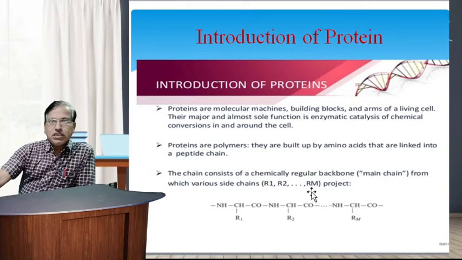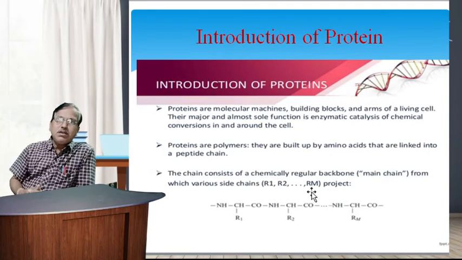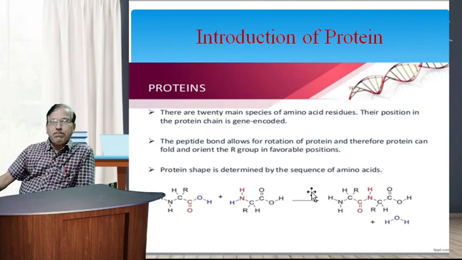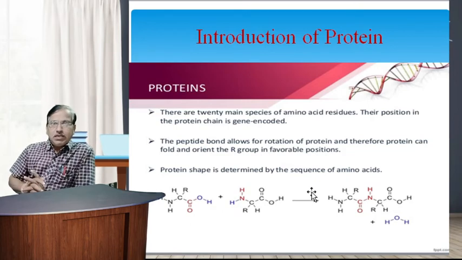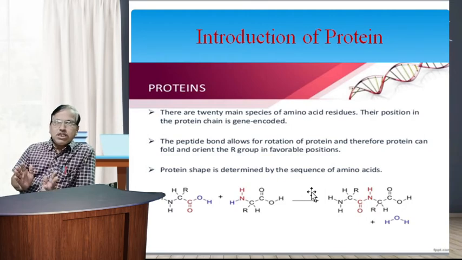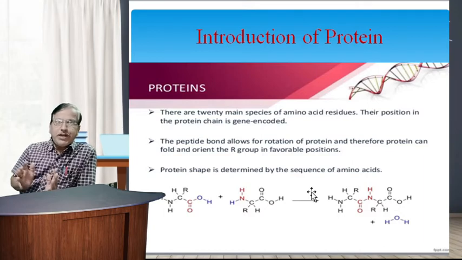So this is a schematic or formula of the proteins. In simple way, protein is nothing but building blocks of amino acids, or a chain of amino acids. There are 20 main species of amino acids. Their position in the protein chain is gene encoded.